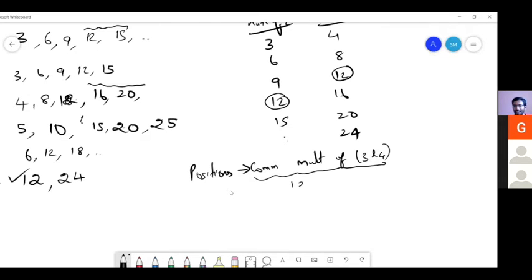Basically all the multiples of 12. So all the multiples of 12 will be all the common multiples of 3 and 4. Is it? Yes, right.